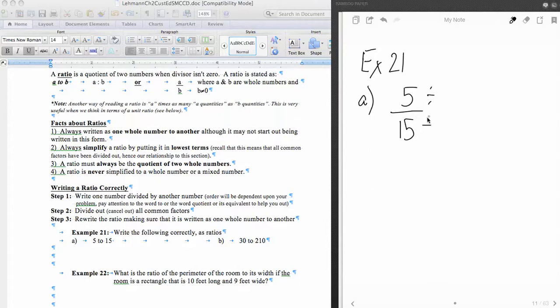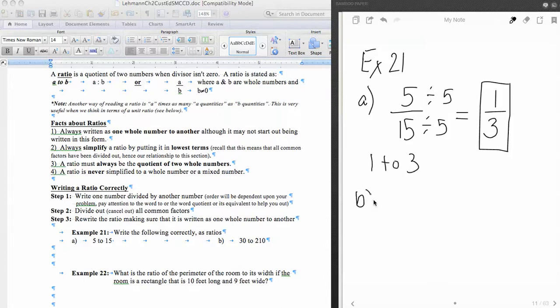This is exactly the same thing as reducing a fraction that we saw before. Taking out the common 5, now we see our ratio is 1 to 3. Now it's perfectly acceptable to leave it like that, but if you'd rather write it as 1 is to 3, the way that it was written to us in the first place, that's okay as well.